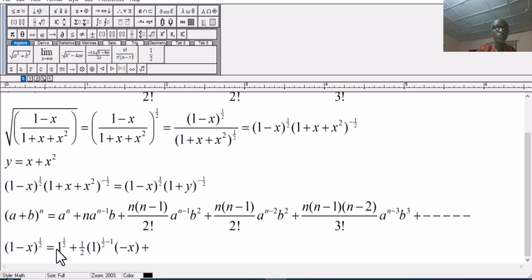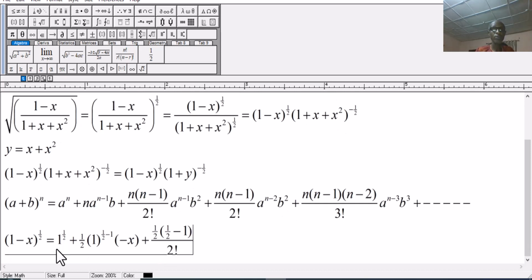Plus the next one is half times (half minus 1) over 2 factorial, then 1 raised to the power of half minus 2, then we have (minus x) all squared.